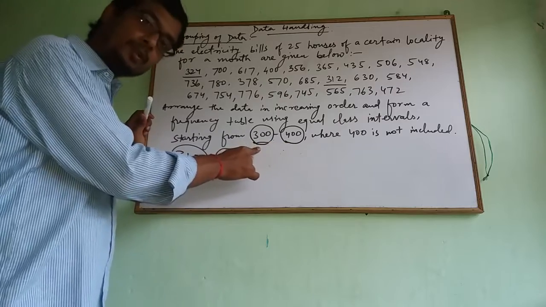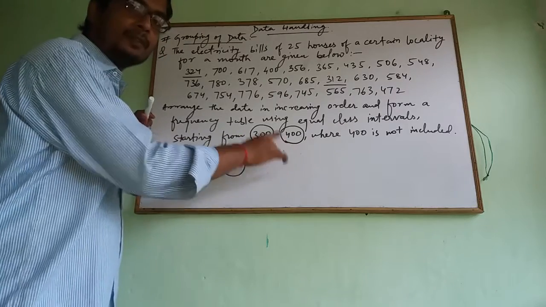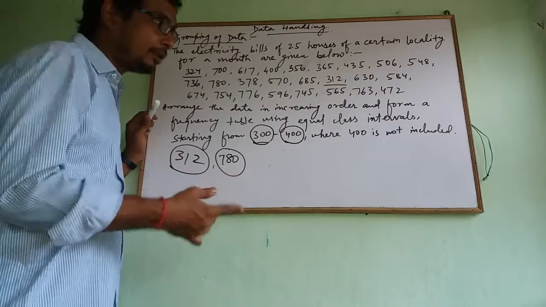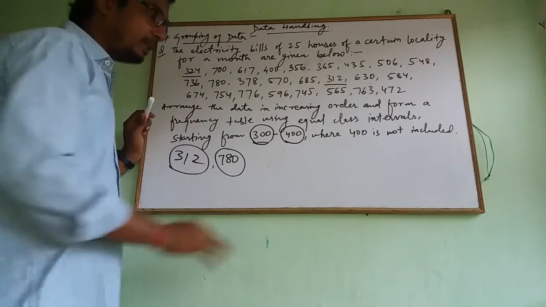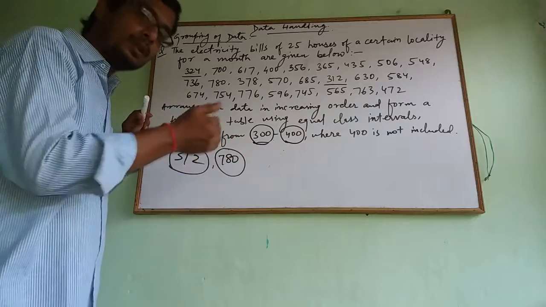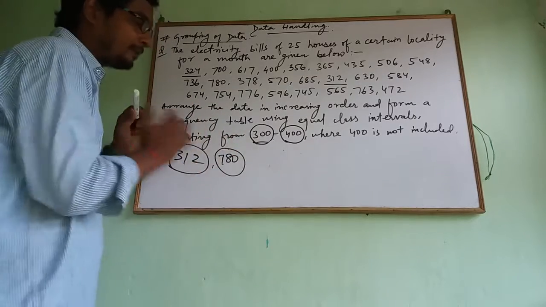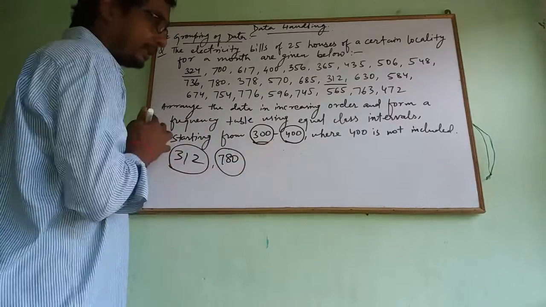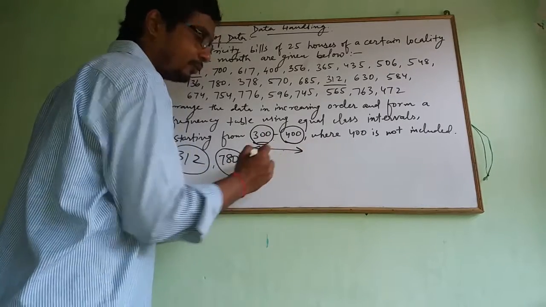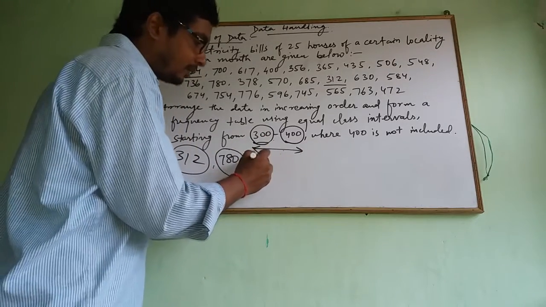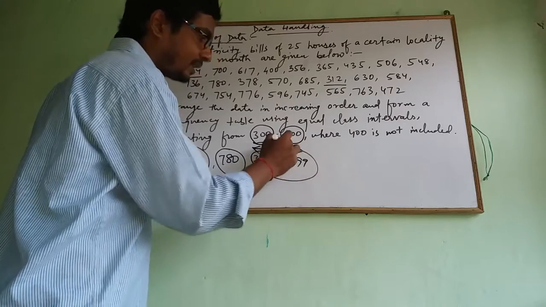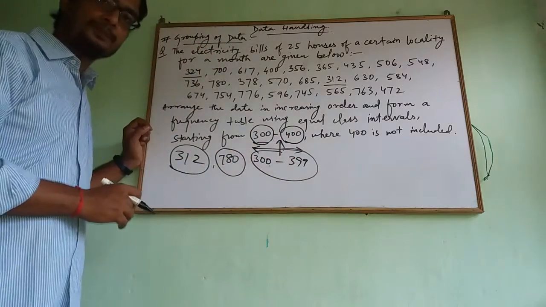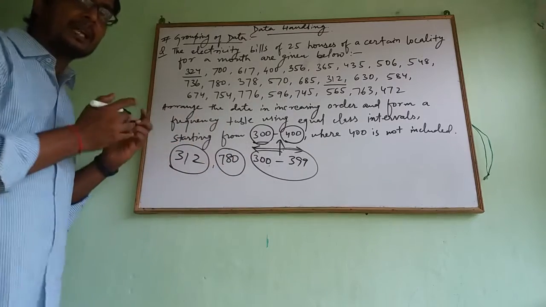The lower limit must be included, but the upper limit will not be included. It is also given here that 400 is not included, meaning the upper limit is not included, the lower limit is included. So in the interval between 300 and 400, the data from 300 to 399 will be placed.